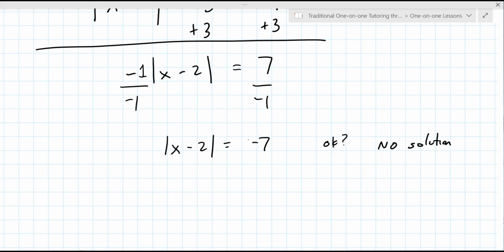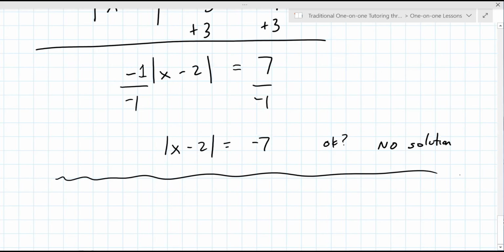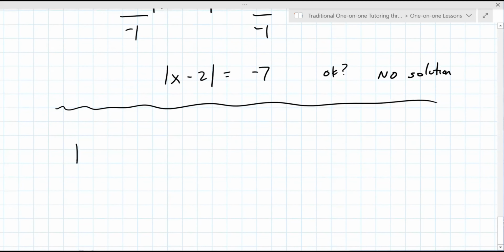So my question is, when there's an absolute value, like with the two examples before, it has to be a positive. Like let's do this one: 2x minus 1 absolute value equals 3.